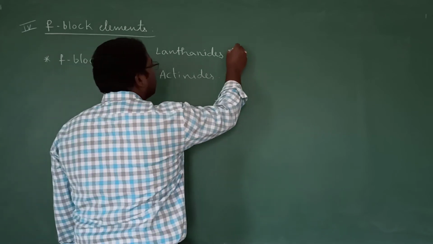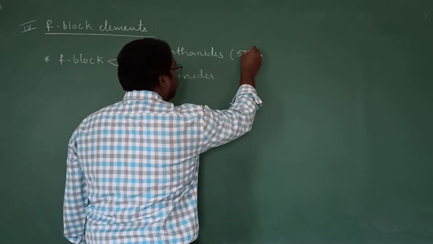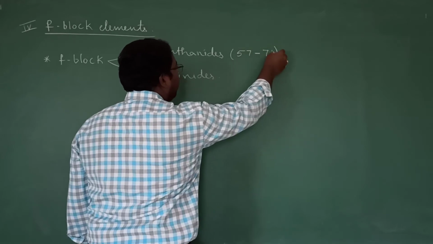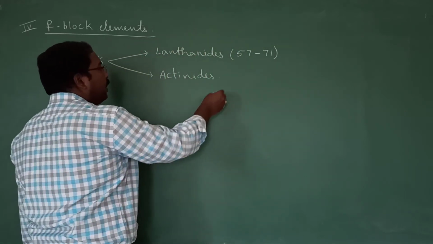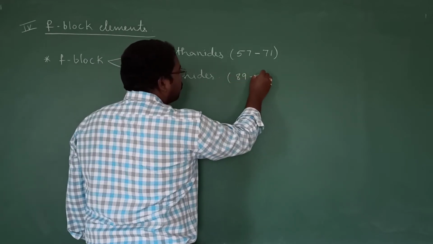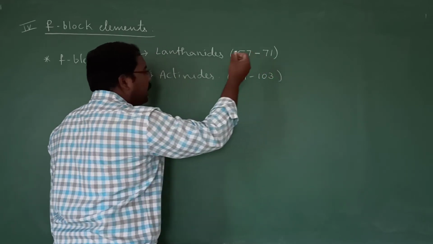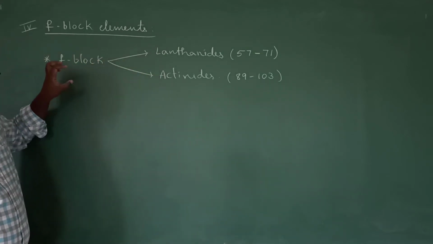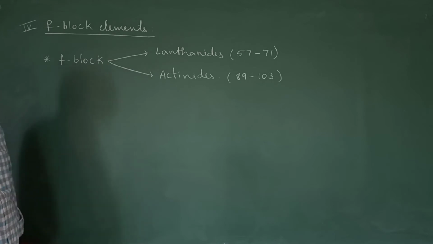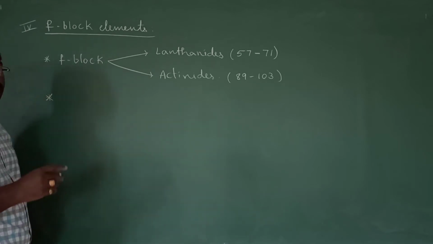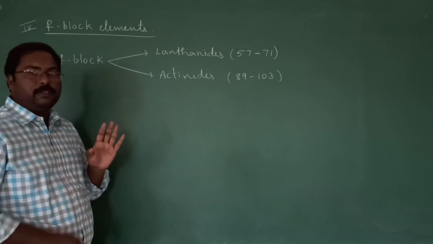Lanthanides are from 57 to 71. Actinides are from 89 to 103. So these elements come under F block elements. If you observe the exact location in the periodic table, we don't say that they are present at the bottom of the table.